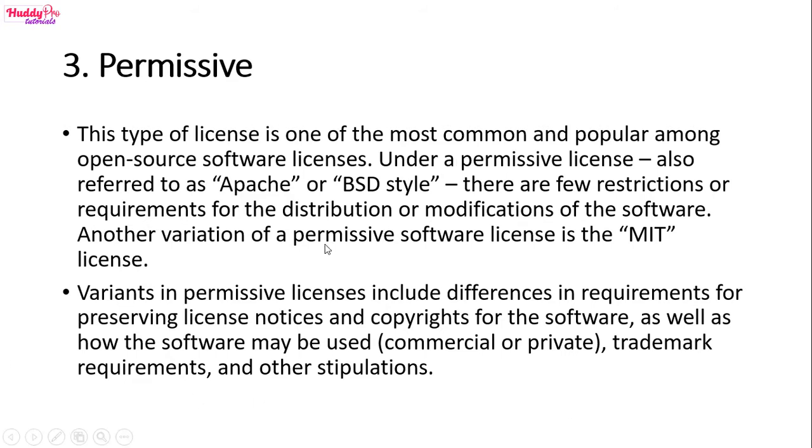Okay, we have another variation of this kind of license, the permissive software license, and that's the MIT license. This is also common. Now the MIT license, as you have noted, is a permissive free software license, and it originated at the Massachusetts Institute of Technology. That's the MIT, Massachusetts Institute of Technology.